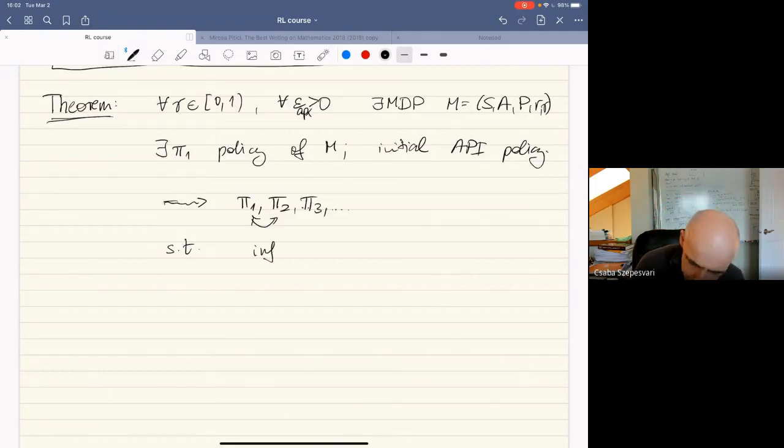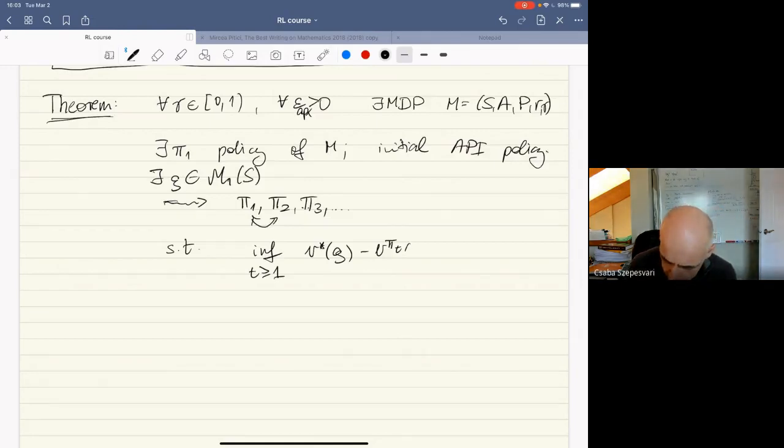So we can strengthen his result by saying that the best performance that you will ever see from API in this MDP is going to be bounded as follows. There exists some initial state distribution, and recall that when I write a state distribution in place of a state, that just means the value when you start from that distribution, the expected value.